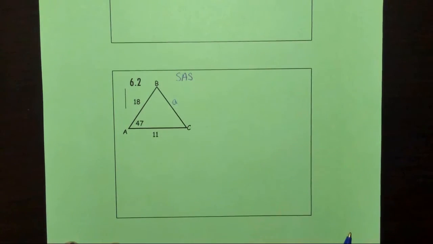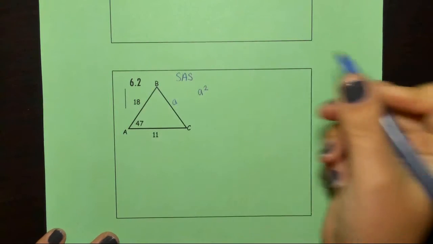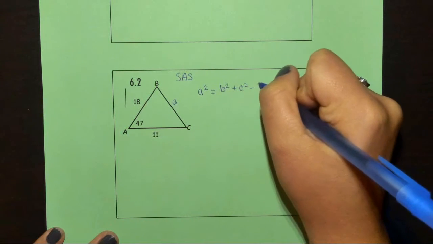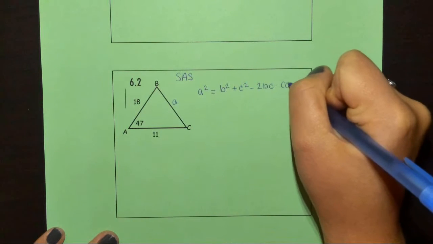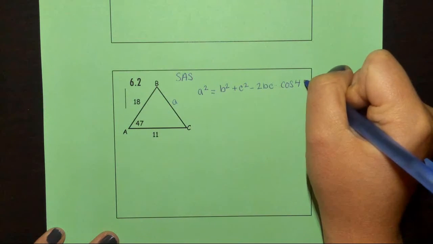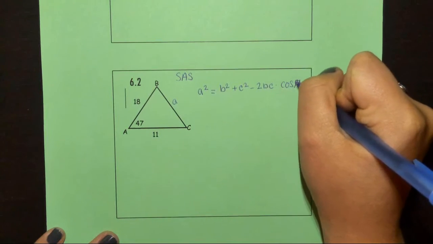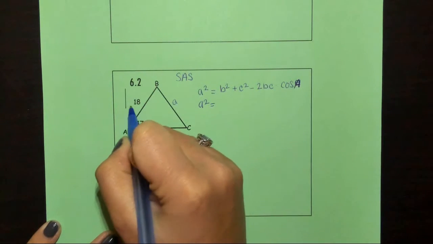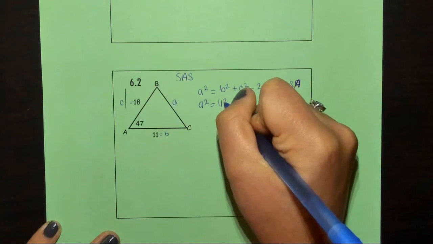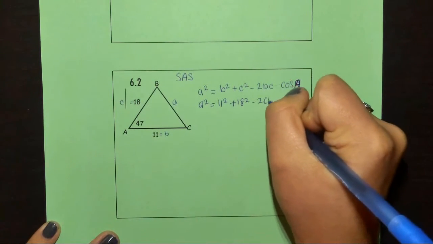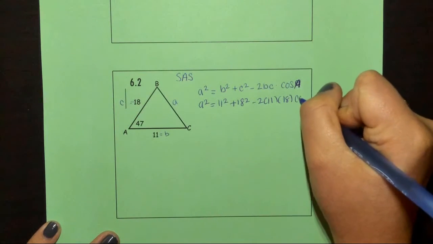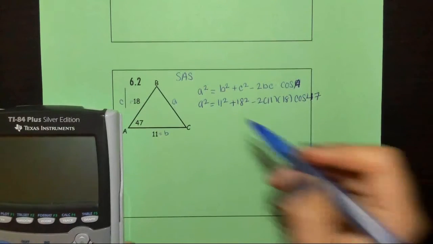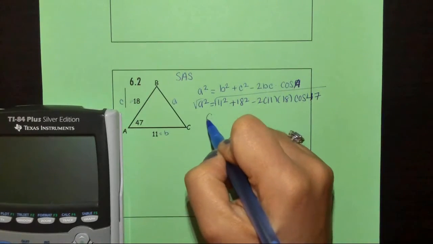So we have to find side A. The formula is A squared equals B squared plus C squared minus 2BC times the cosine of A. So that'll be A squared equals, with 11 as B and 18 as C. And you would take the square root of all that in order to find out what A is.